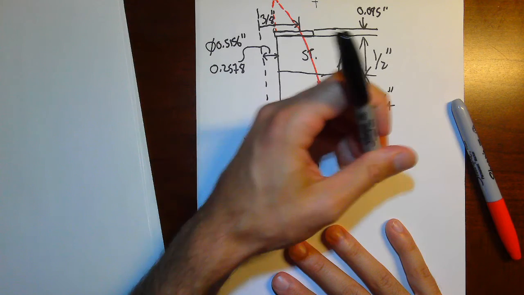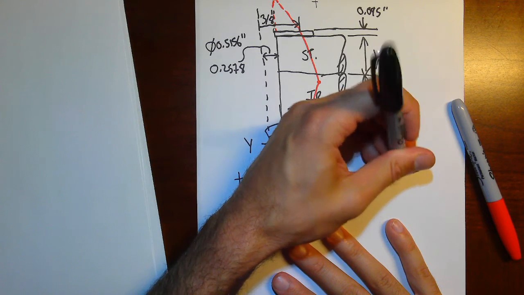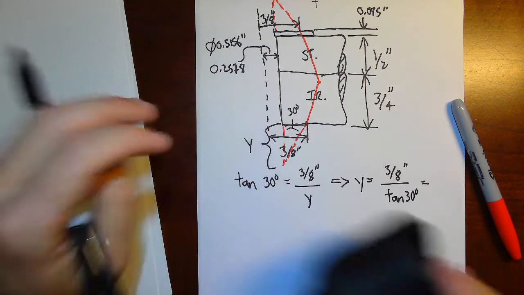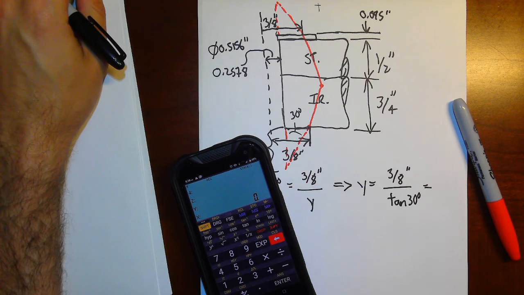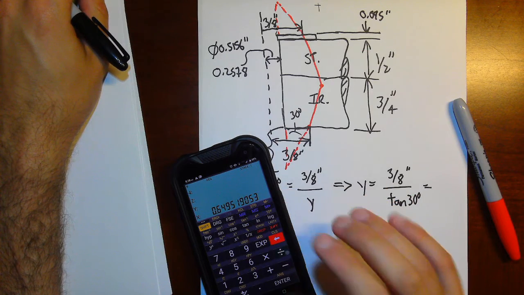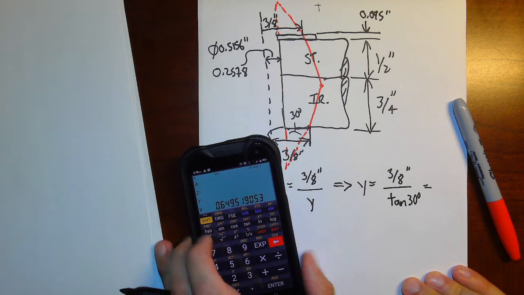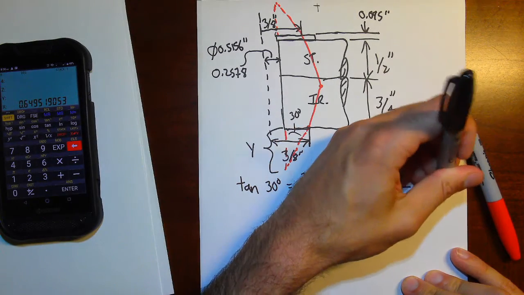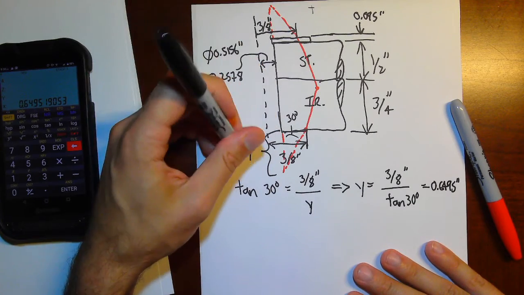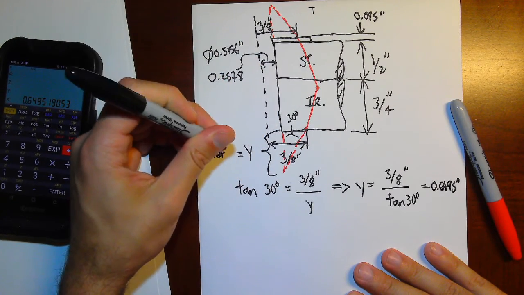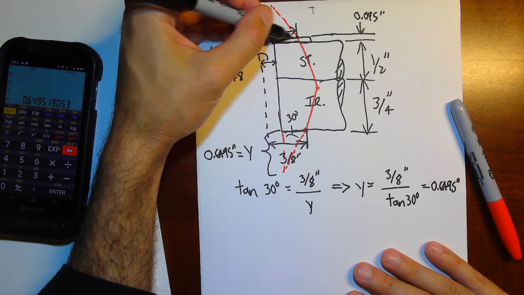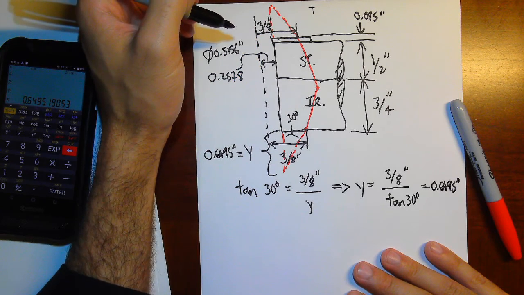So y equals 3/8 inch over tan 30, which put it into here, see 0.375, 30 degrees, tangent of that side, that gets me 0.6495 inches. Awesome. So I know that that's 0.6495 inches top and bottom, because that's the same triangle here. It's moving over. Oh shoot, I did that wrong. Sorry.